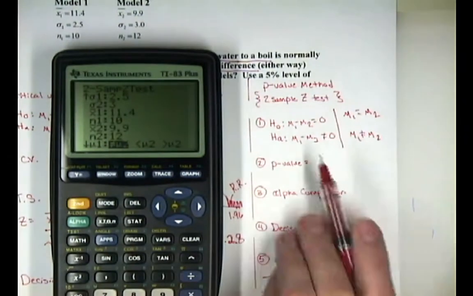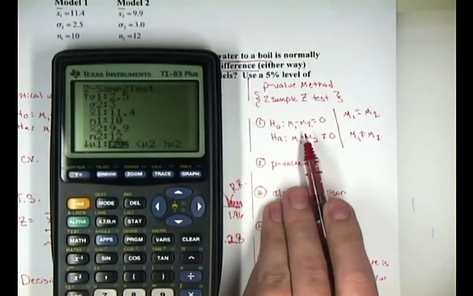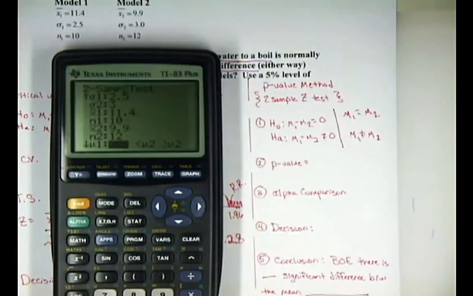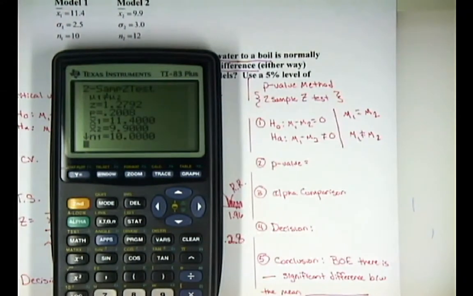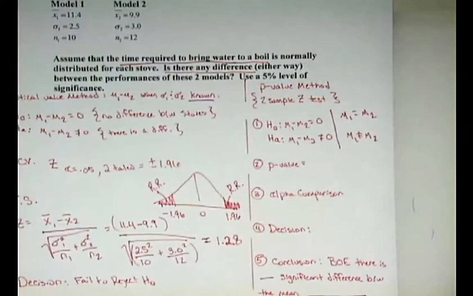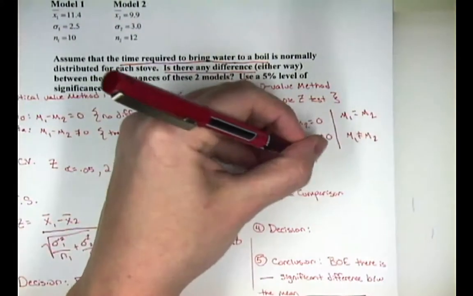The text we usually work with uses this setup, but either one is fine. Once you've selected your appropriate alternative hypothesis, you're ready to calculate. It gives you a p-value of 0.2008. So you need to write that p-value down in step 2.